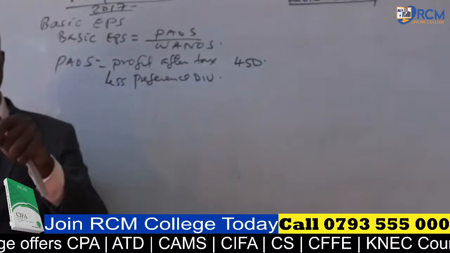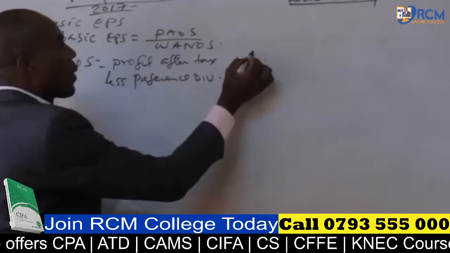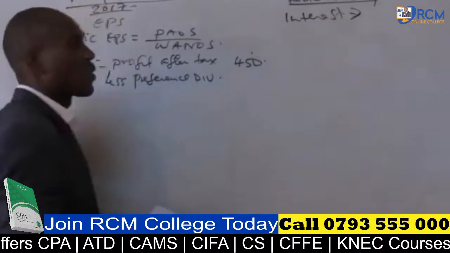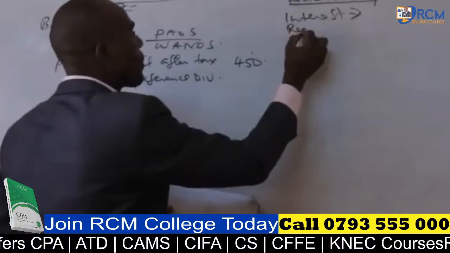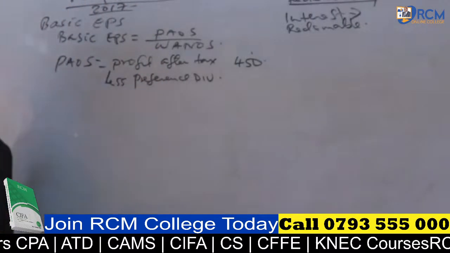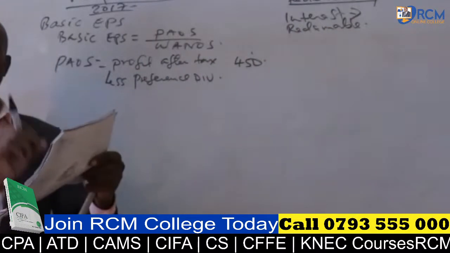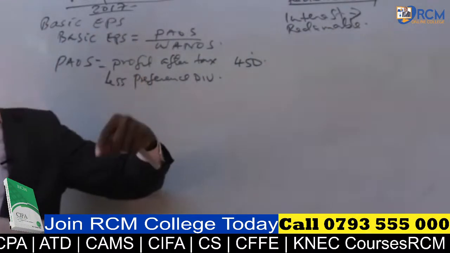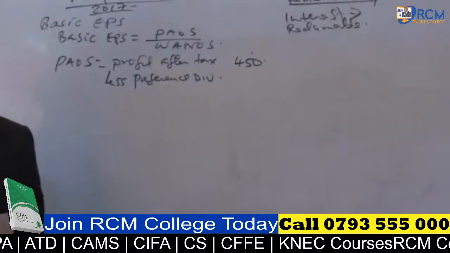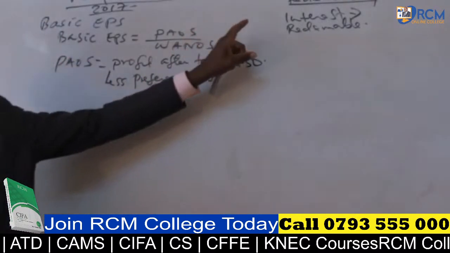Therefore, before I get profit after tax, I subtracted interest, which is a finance cost, and redeemable preference share dividend. Therefore, I subtracted those 2 items. That one is not going to affect us here because we already subtracted it.